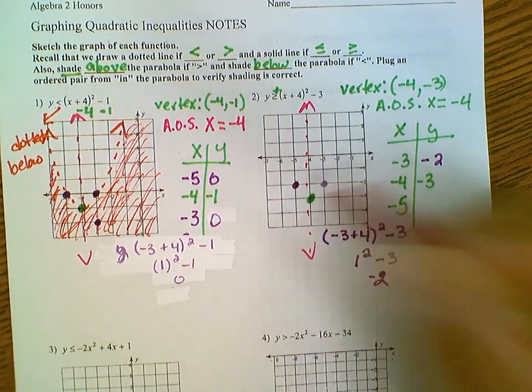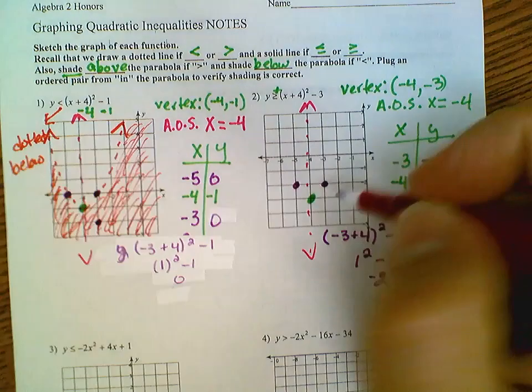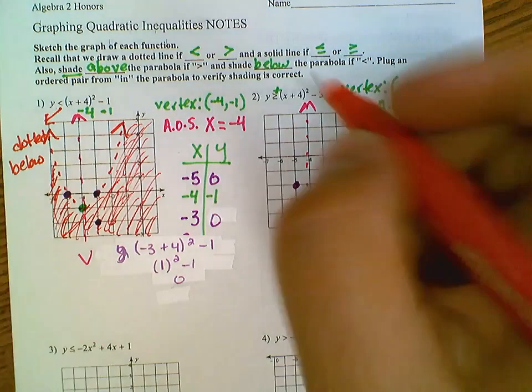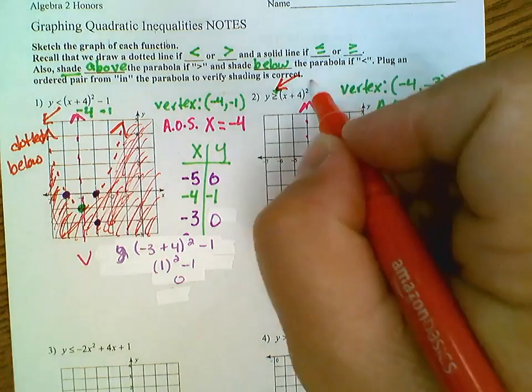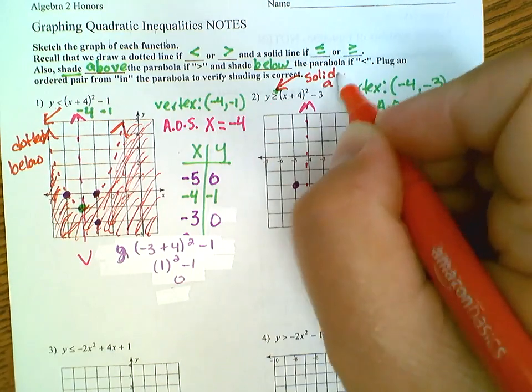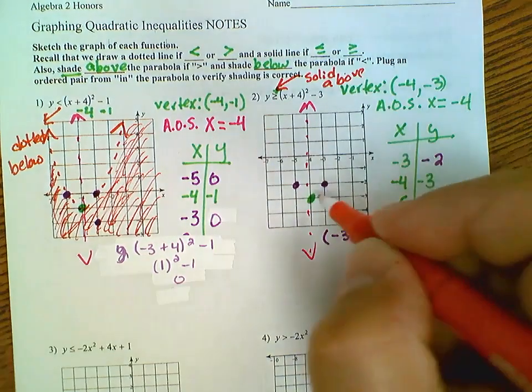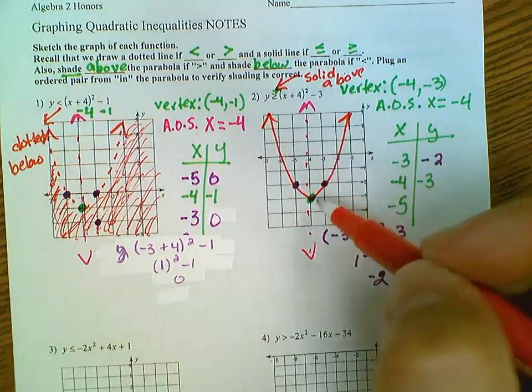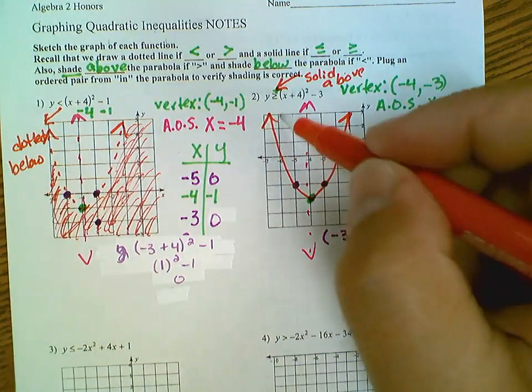I use my axis of symmetry to get another one. This time, I have greater than or equal to, so that's a solid line, and greater than is above. So a solid line going this way, and above the line is up here.